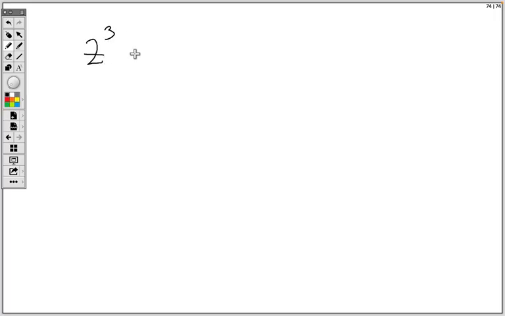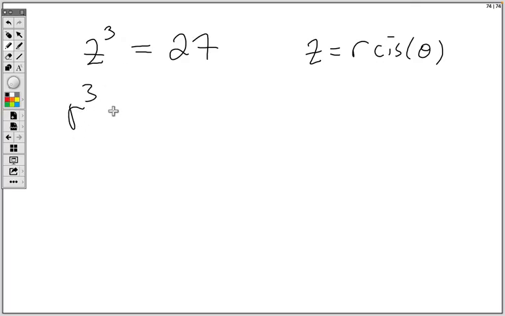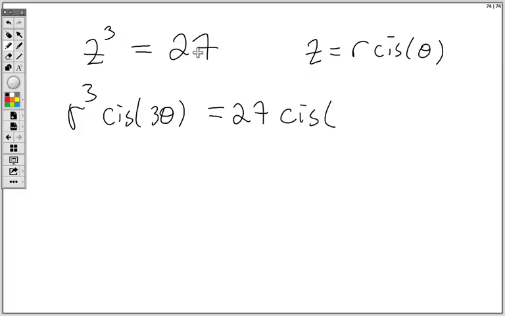All right, so let's think of it this way. We want all the complex solutions to z cubed equals 27. Let's say z equals r cis theta. De Moivre's theorem says z cubed would be r cubed cis 3 theta. And I want this to equal 27 times, well, 27 is a real number, so that would be cis 0.